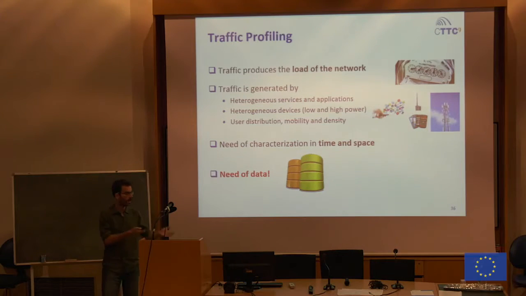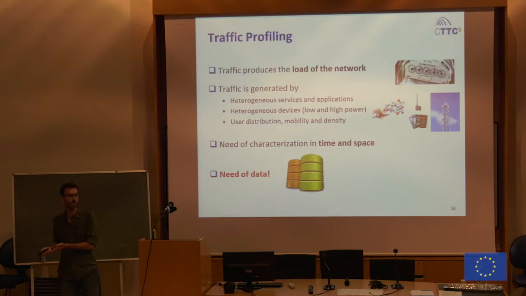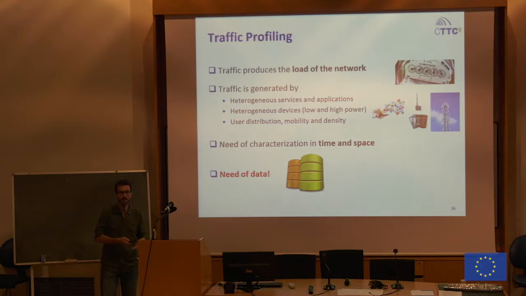So we have mobile phones for human type communication, but we have machine type communication or sensor nodes that are completely different traffic characterizations. And also the users may have different distribution in different zones of the network, may move through the network, through different base stations, and may have different density, for example, because there are different population densities in a given zone that I want to cover with my network.